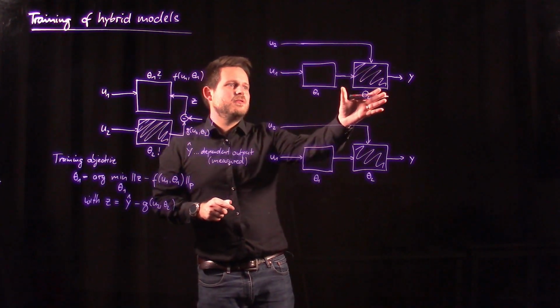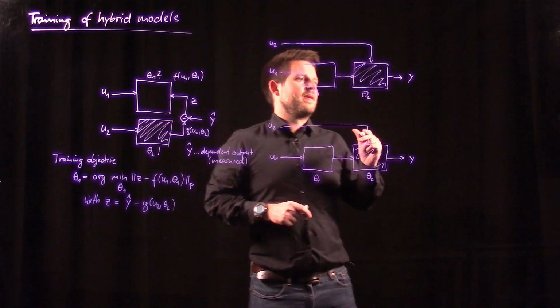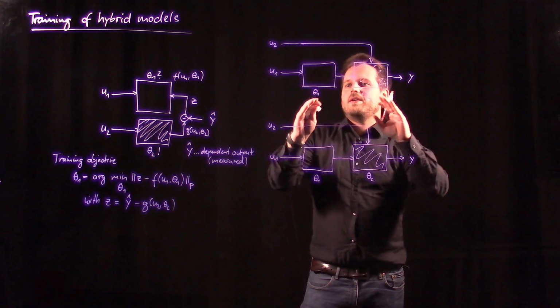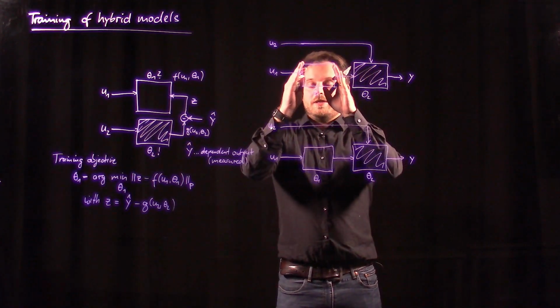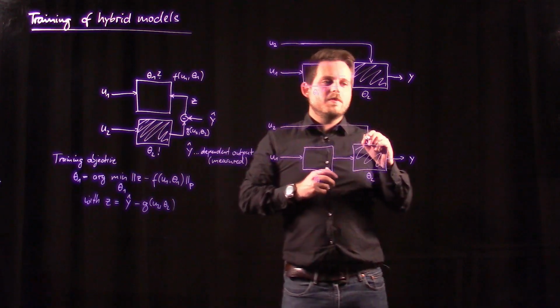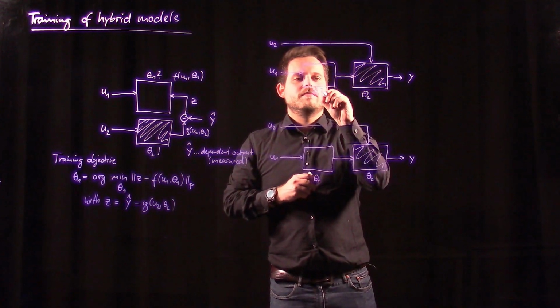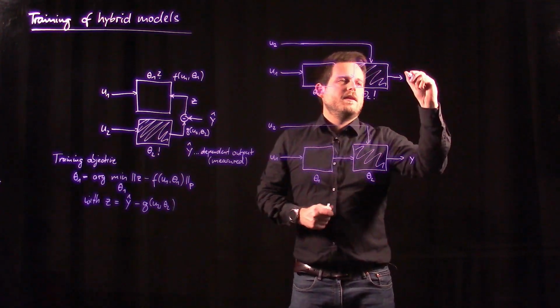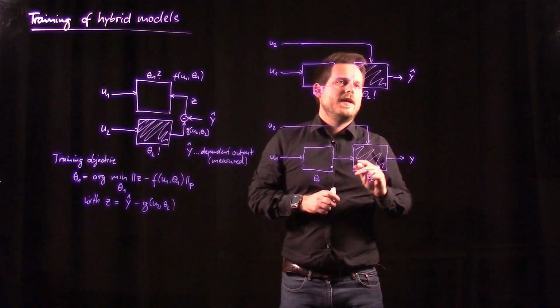Now we have a look at the serial one. Here again, we have the challenge, okay, we might in one case want to fit only the parameters of the black box model, so question mark, and the white box model might be known, and I have my measured values with the hat.